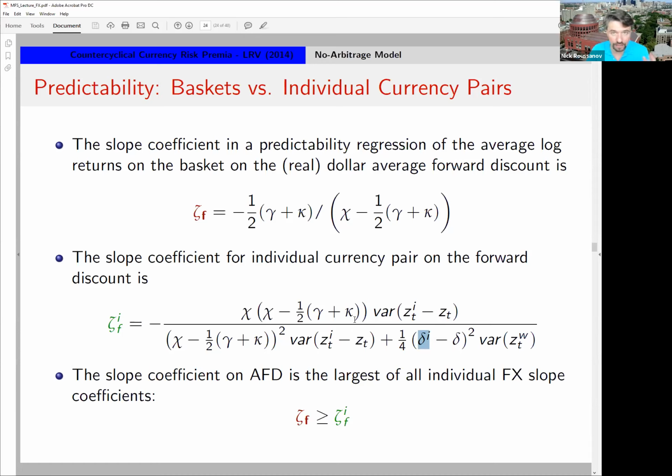But of course, when the country is the average, this piece drops out, which is what happens in the case of the average forward discount. So this denominator term shrinks, and this is why the average forward discount is a more powerful predictor of exchange rates than an individual bilateral forward discount. And again, this only happens if the country is average in terms of its exposure to the global shock.